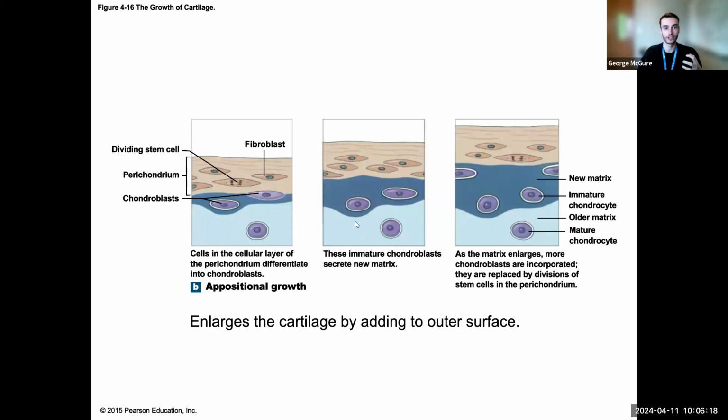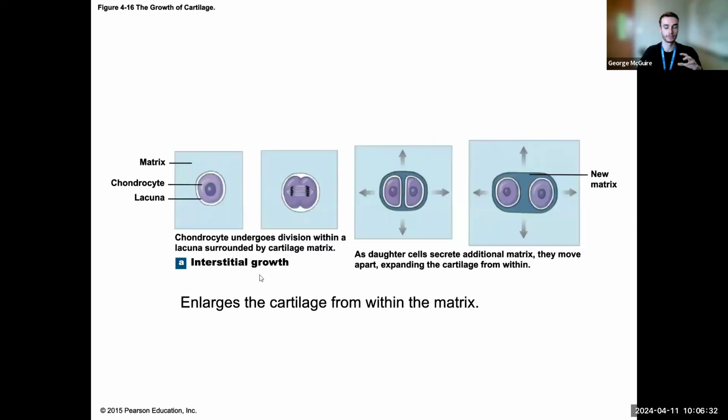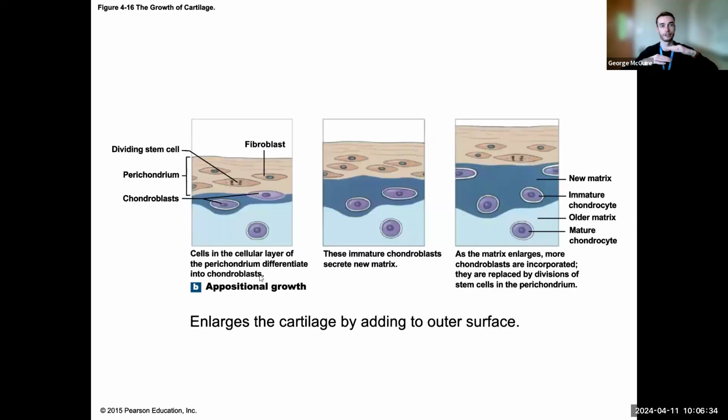And they will mature into chondrocytes that are now surrounded in their lacunae, and they'll continue to maintain that matrix. So cartilage is growing from within as chondrocytes go through mitosis and separate, and that is interstitial growth. And then cartilage is also growing from the perimeter, which is appositional growth, as chondroblasts are maturing into chondrocytes and creating the lacunae and pushing away from the perimeter.